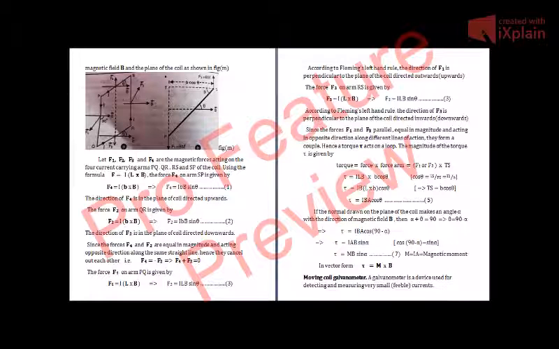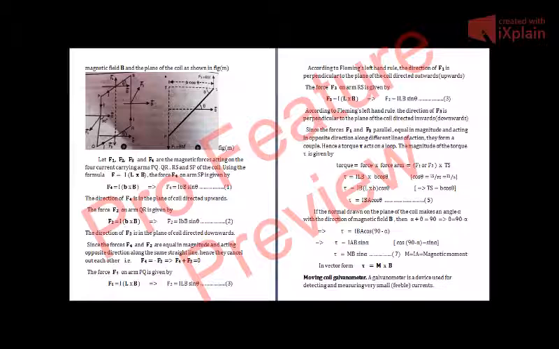Now, as I told you, the magnitude of F1 or F3 is ILB sine theta, theta is 90 degrees, so it will be simply ILB. So tau is equal to ILB. Now TS, as I have done it on the right side here, we know that cos theta is equal to base by hypotenuse. That means it is TS by PS, that is TS by B, which implies B cos theta is equal to TS, or TS is equal to B cos theta.